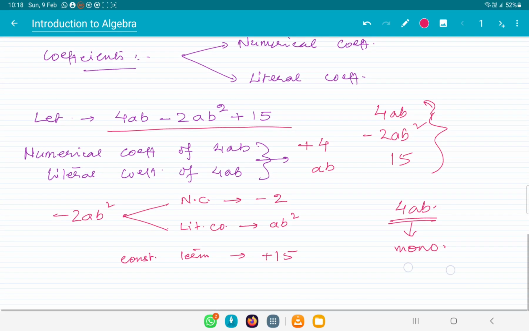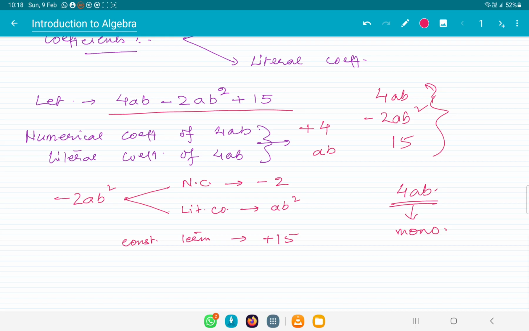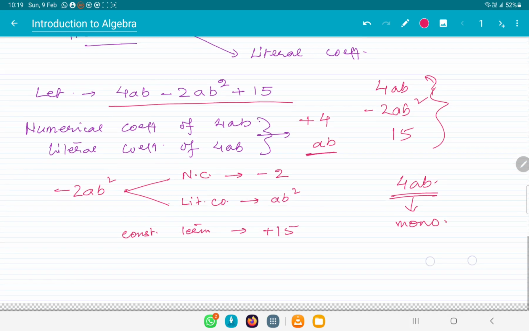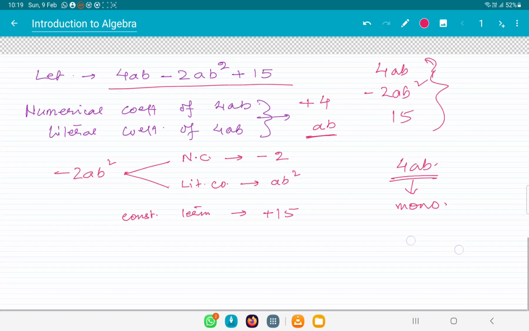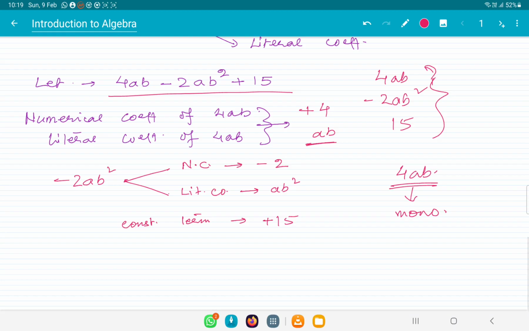Again, what is the numerical coefficient of 4ab? It is 4, or precisely plus 4, and the literal coefficient of 4ab will come only with variables, so it is only ab. Similarly in minus 2ab square, the numerical coefficient is minus 2 and the literal coefficient is ab square.